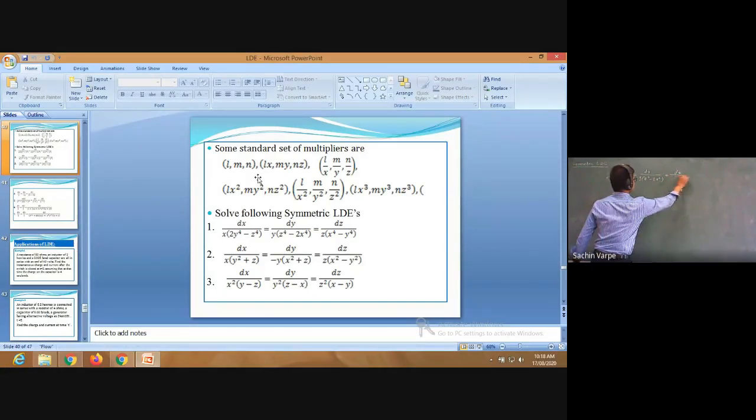Equal to dz upon z into x raised to 4 minus y raised to 4. So I have given the first set of multipliers as 1 by x, 1 by y, and 2 by z.